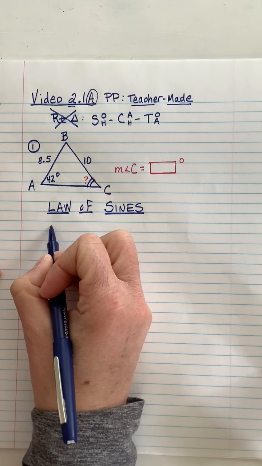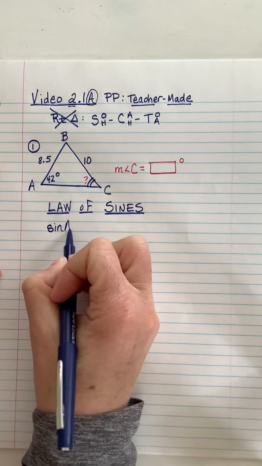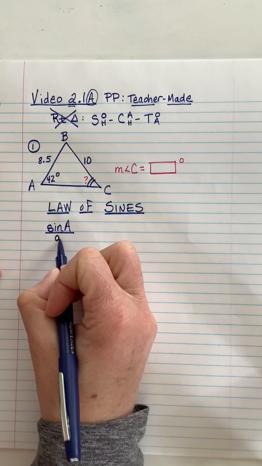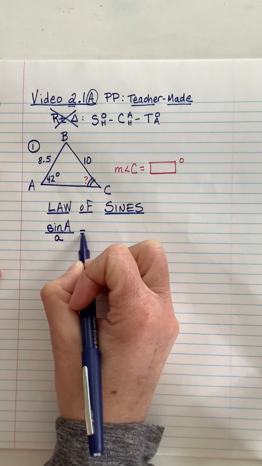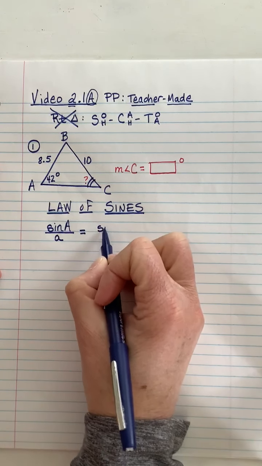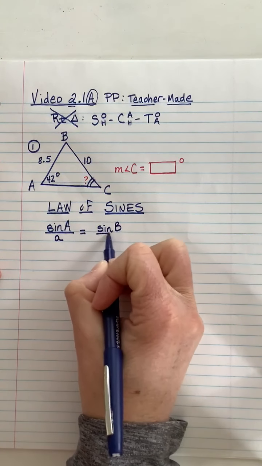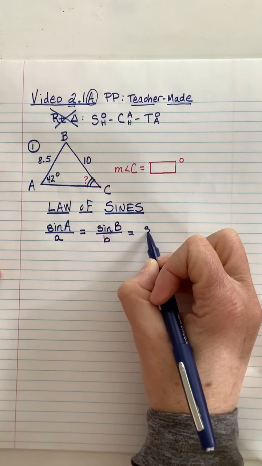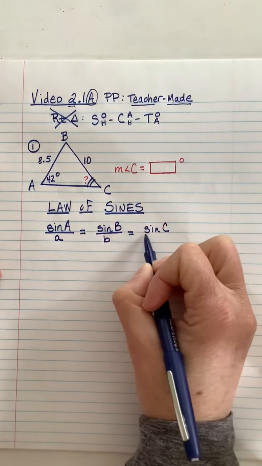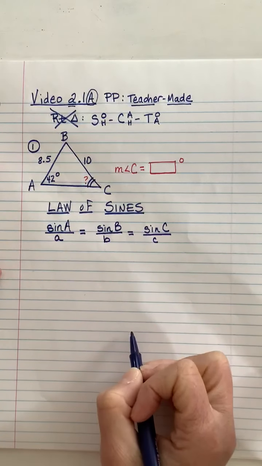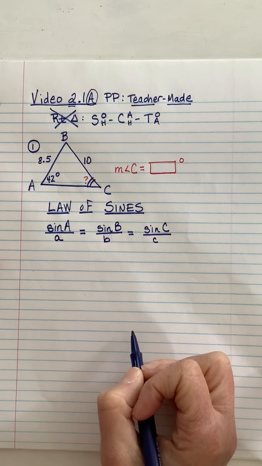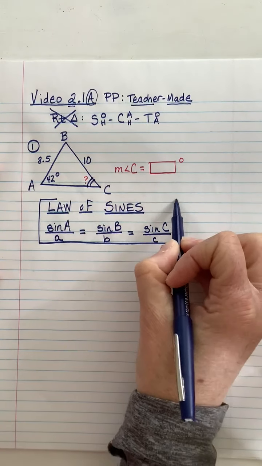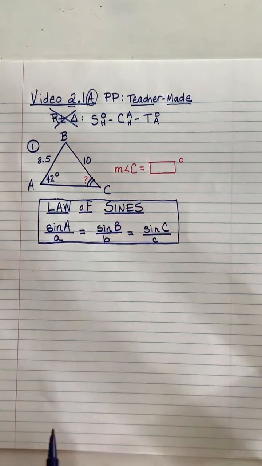The relationship says that the sine of A divided by the corresponding side, little a, is equivalent to the sine of B divided by little b, which is also equivalent to, you guessed it, the sine of C divided by side c. And this law of sines is true for any triangle.